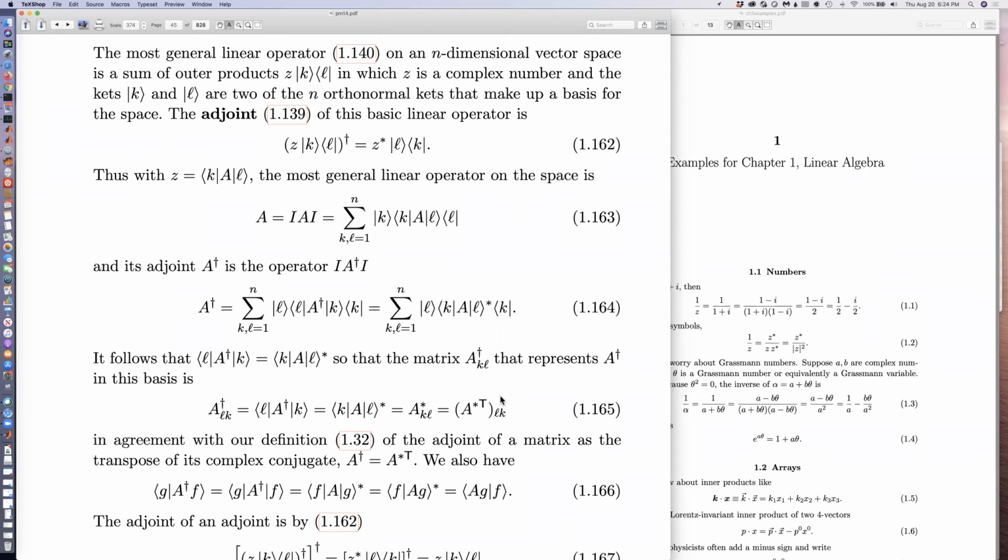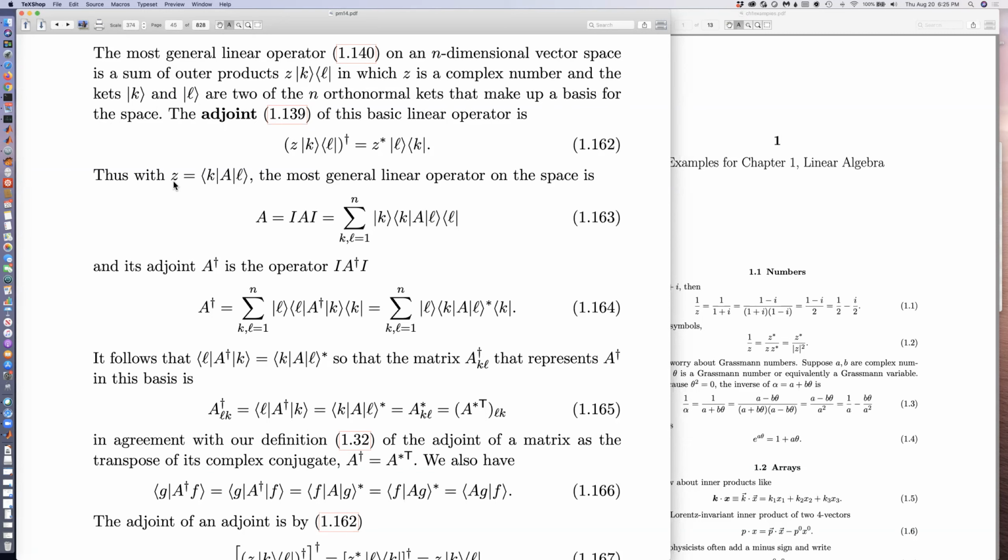Anyway, the most general operator on an n-dimensional vector space is a sum of outer products, z times ket k bra l, z a complex number. The kets are members of the n orthonormal kets that make up a basis for the space. The adjoint of that we've seen is of this form.